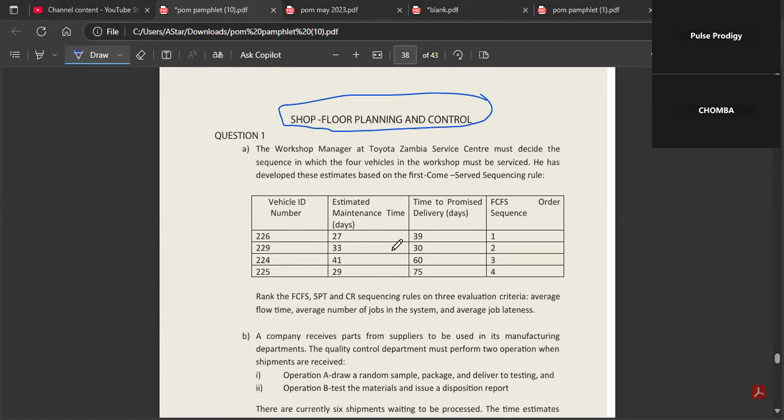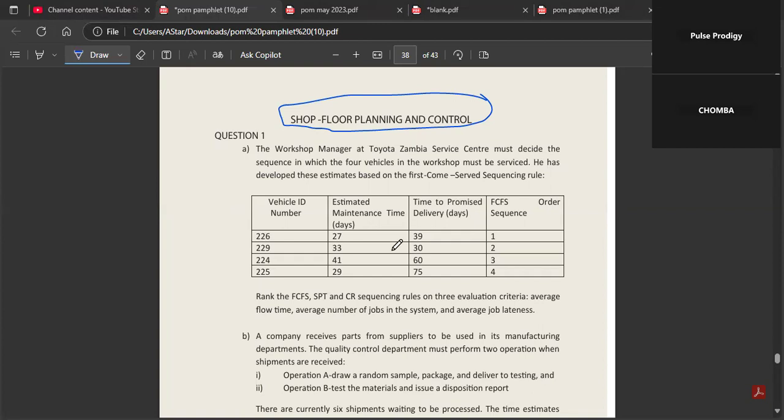He has developed these estimates based on the first come serve sequencing rule. That is the table there. Then rank the first come first serve, then the shortest processing time and critical ratio sequencing rule on 3 evaluation criteria: average flow time, average number of jobs in the system, and average job lateness.